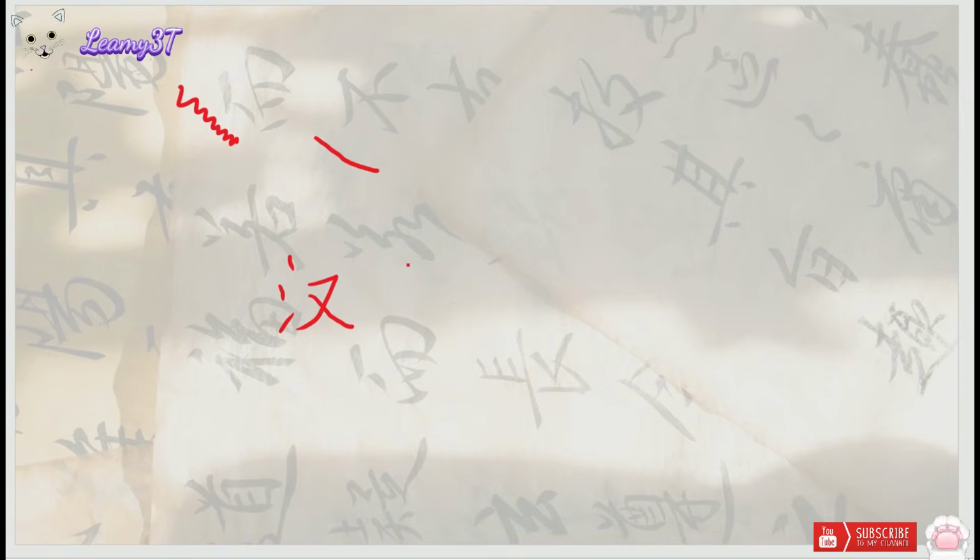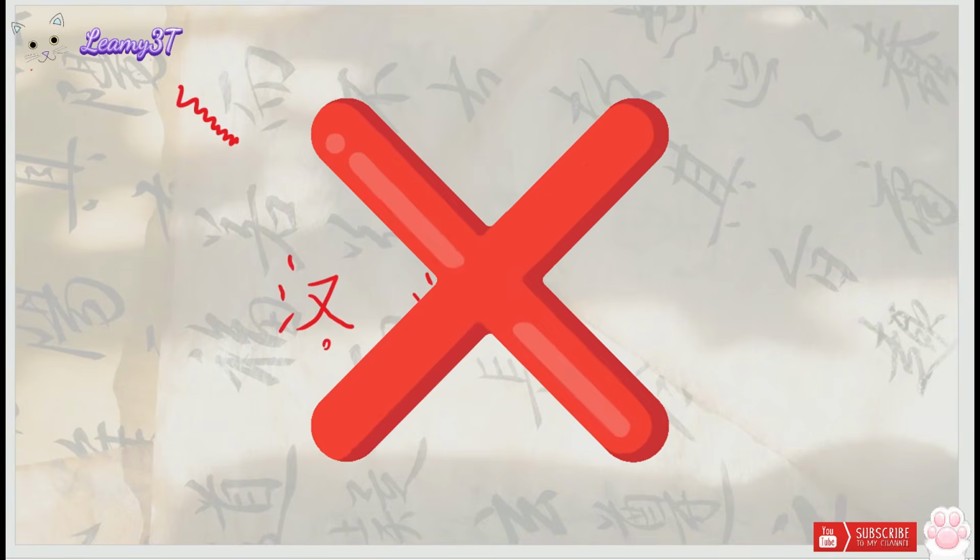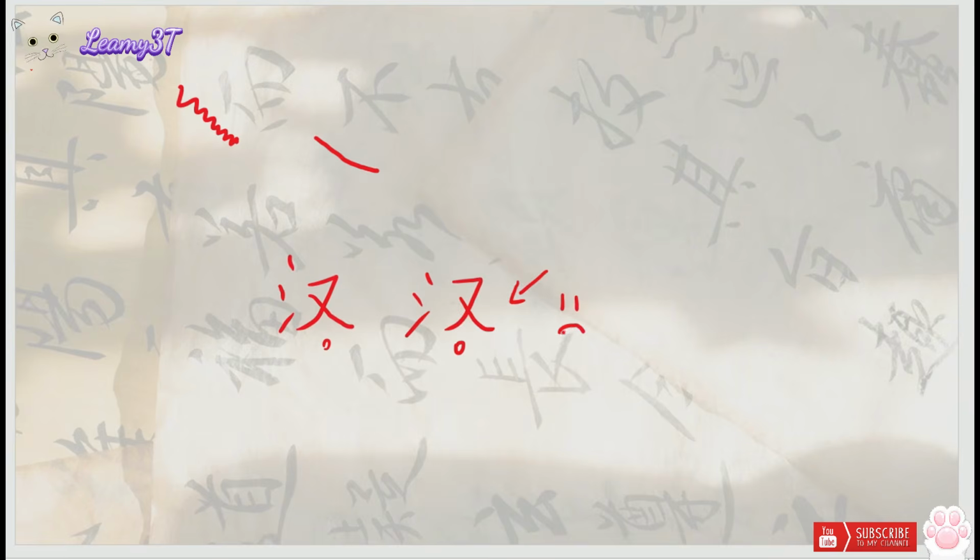But some people, they do like this. Looks like you're getting the same results, right? But actually, you shouldn't write like this. So sometimes, although it is possible to get the correct result without following the correct stroke order, the process would seem quite foolish. So please make sure not to do this.